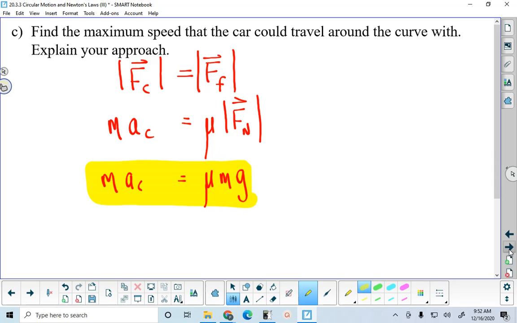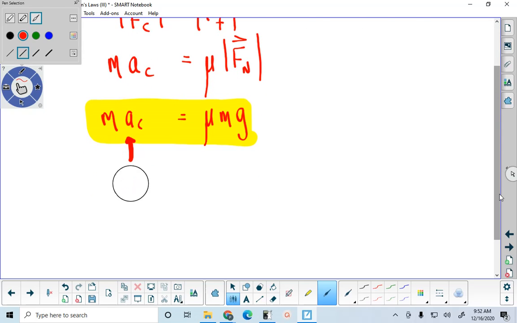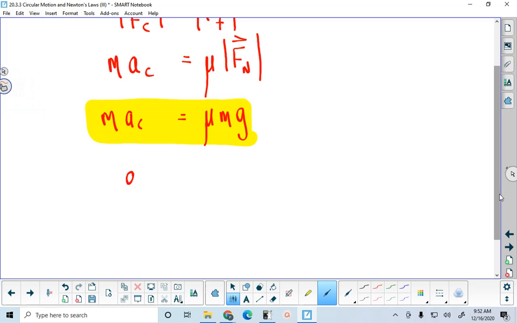So what we end up with is the centripetal acceleration, which by the way is v squared over r. I'll do this in steps. So we cancel the m's and get a_c, the centripetal acceleration, is mu g, but this is v squared over r.